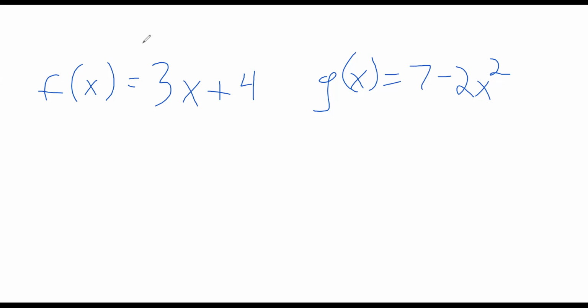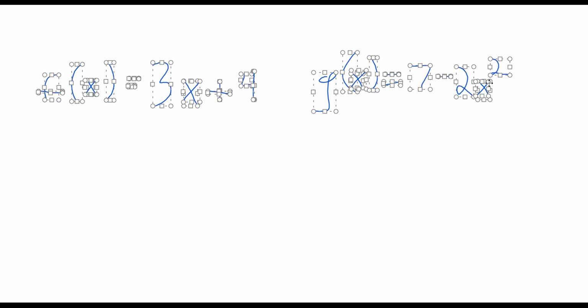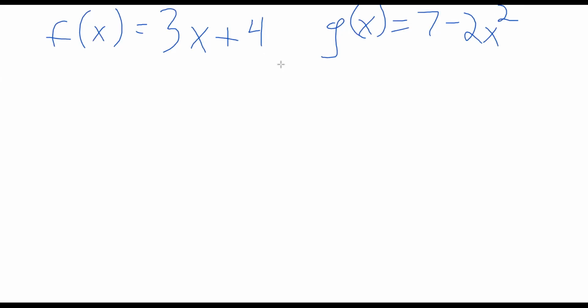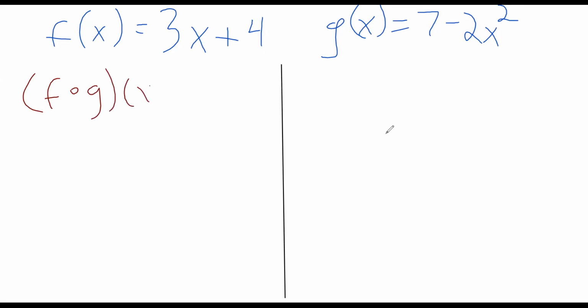So we've got these two functions, f and g. Let's find f of g of x, and let's also find g of f of x. Let's put one inside the other and the other way around. Let's do f of g of x first, which is going to involve putting g inside of f.